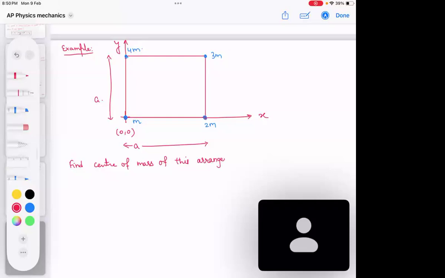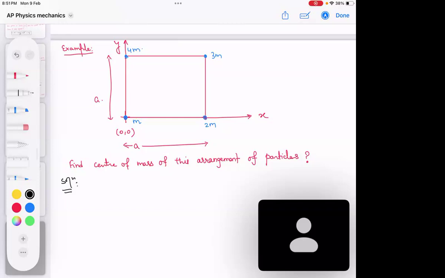For the arrangement of these particles, where the center of mass is going to be, means you have to tell me the x coordinate of the center of mass and the y coordinate of the center of mass. Each particle's mass is given to us, and each particle's location is given in the question.